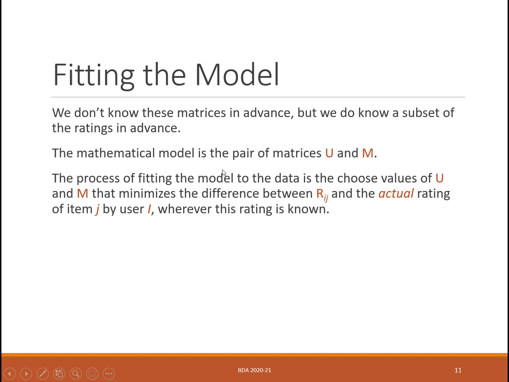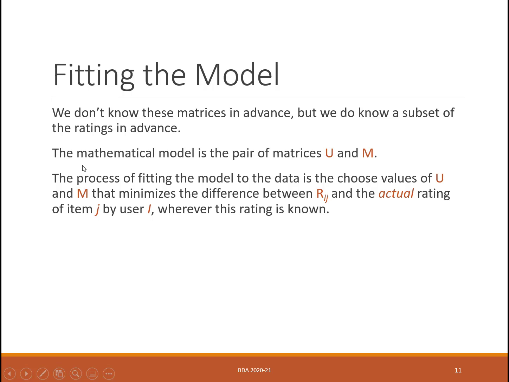In real platforms, the major challenge is how to compute the mapping of each item and the mapping of each user to the factor vectors. In other words, we don't know matrices U and M in advance, but we do know a subset of actual ratings submitted by users. One technique is to create the factor vectors using the ratings submitted by users.